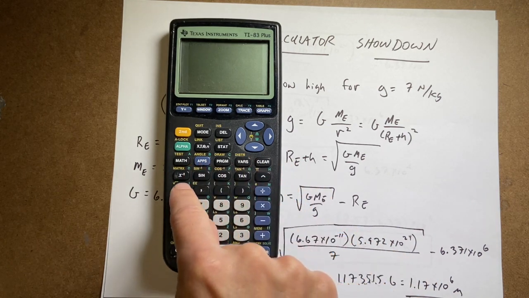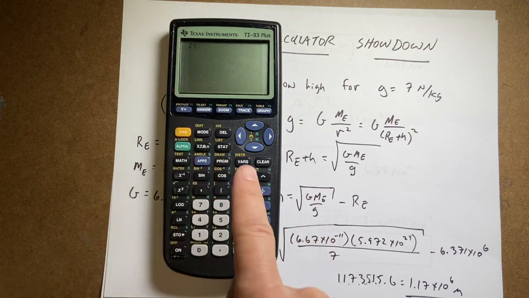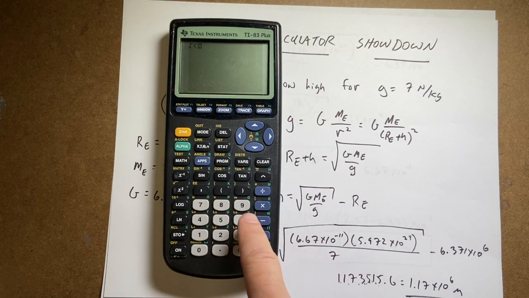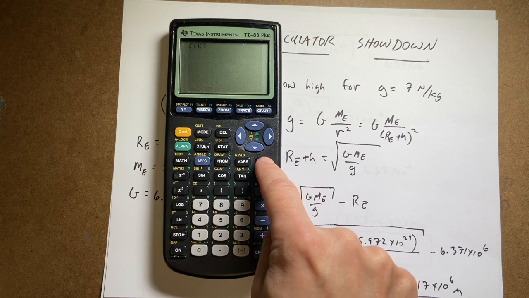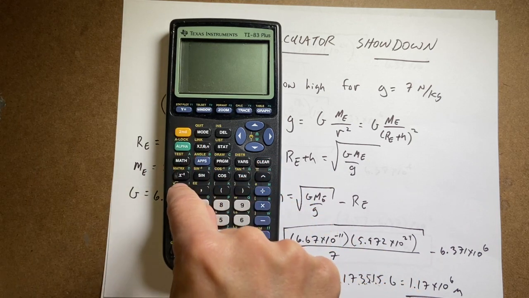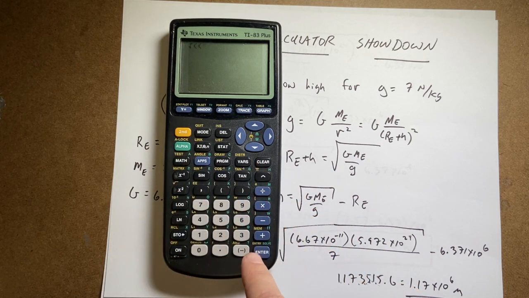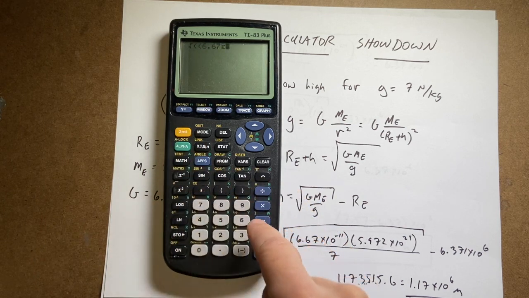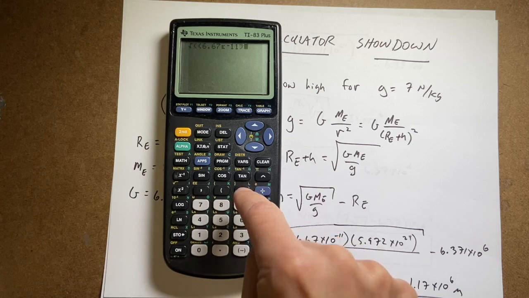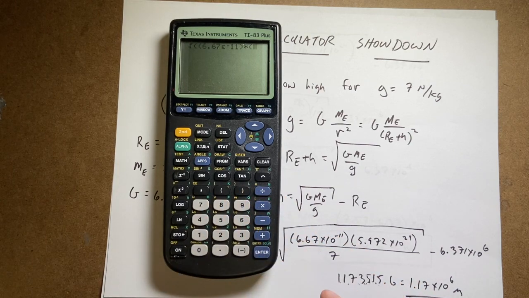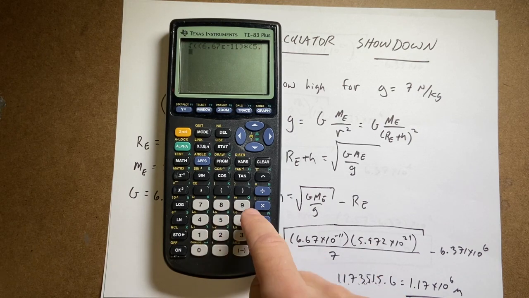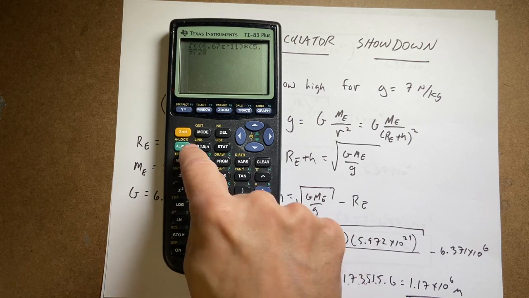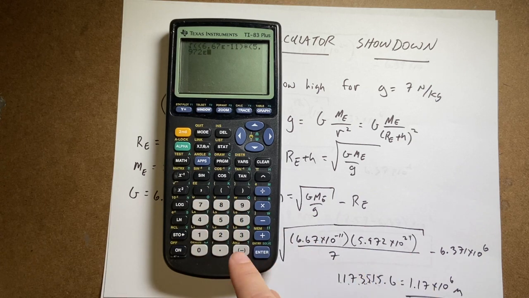Okay. Square root. And it gave me a parentheses. So now I'm going to put in the same thing. Another parentheses. Square root, and give another parentheses. 6.67 negative 11 close parentheses times open parentheses. So the outer parentheses I think are for the square root. 5.972 24 close parentheses divided by.